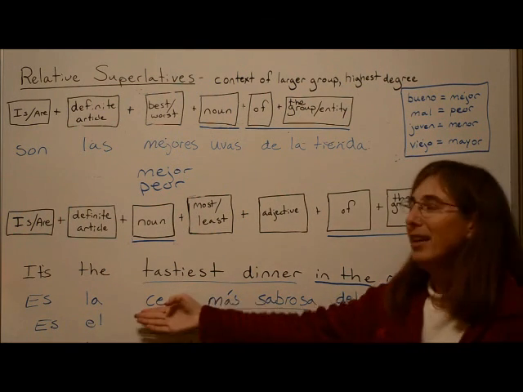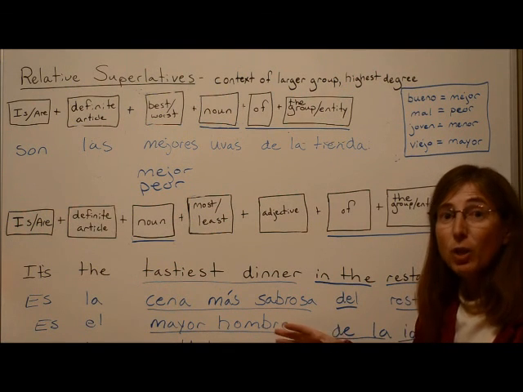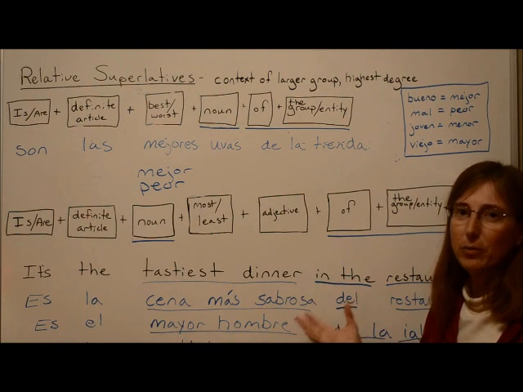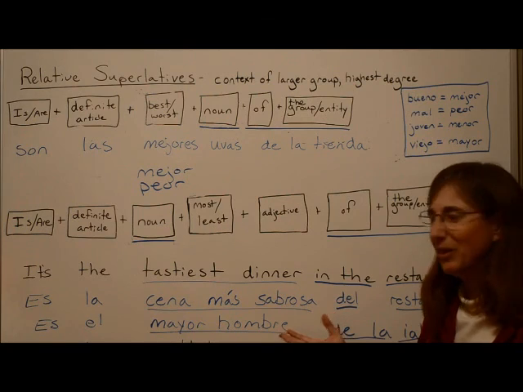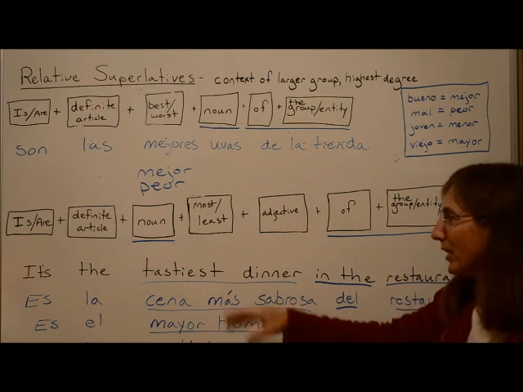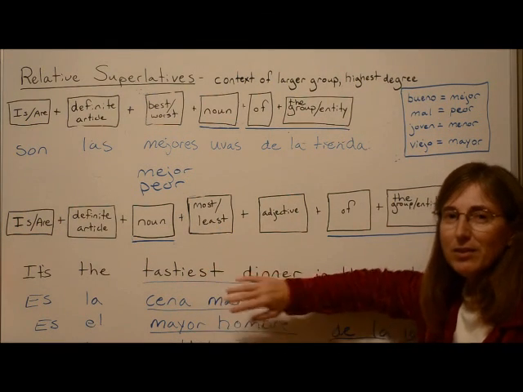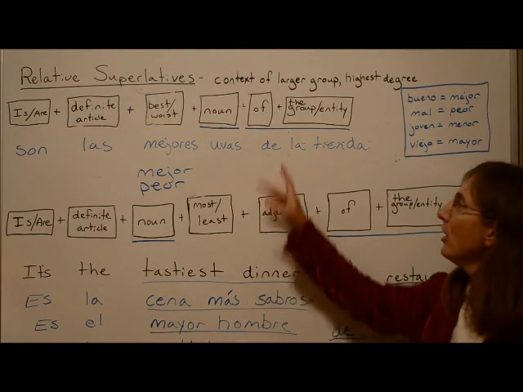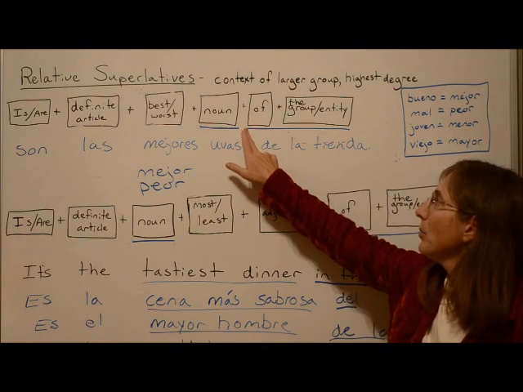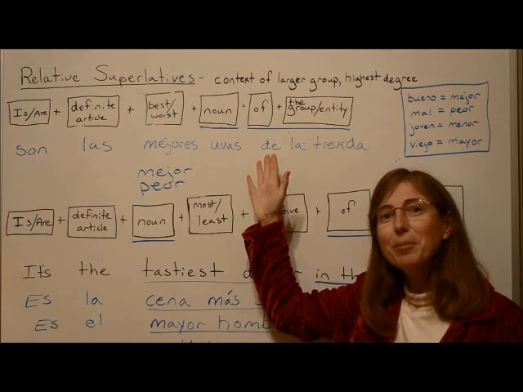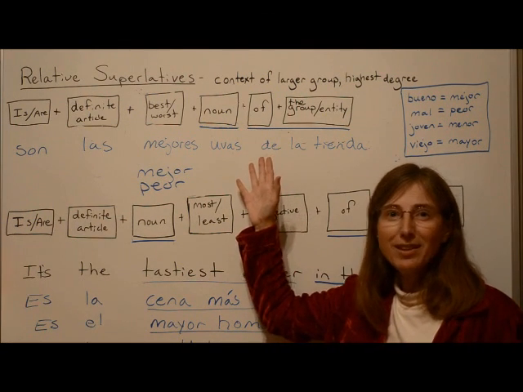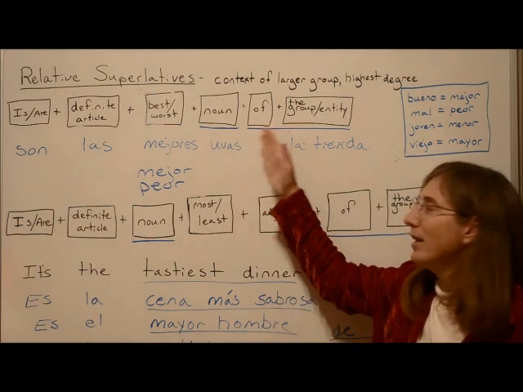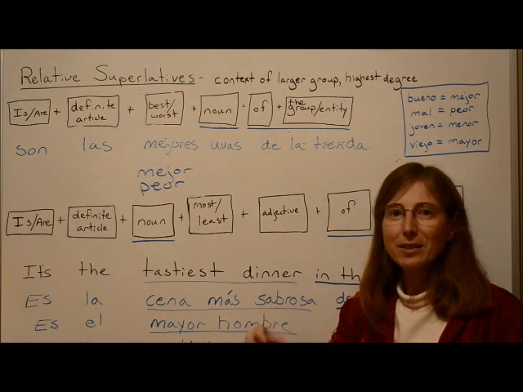We could say, es la cena más sabrosa, knowing that we're talking about the dinner that's the tastiest in the restaurant. Just like in English, we could say it's the tastiest dinner. We could say it's the tastiest in the restaurant. So I've underlined the pieces of this that can be left off depending on the context of the conversation and still maintain a grammatically correct and meaningful phrase.